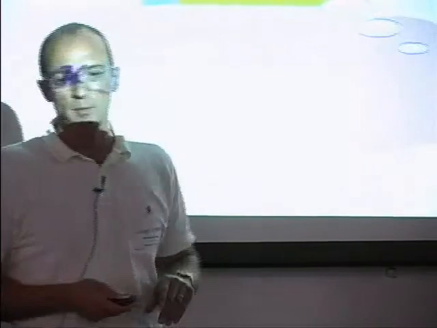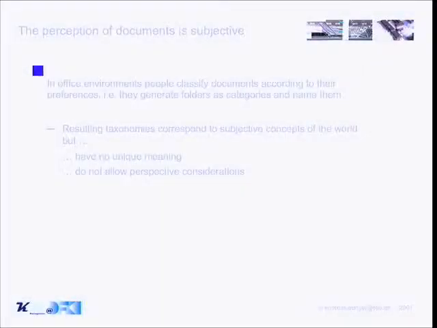And there's another problem with respect to these taxonomies: they do not allow multiple perspectives today. So for example, if I would take some of my talks, the one of today or any others, and you may be interested in storing it on your laptop, you always have the same problem.